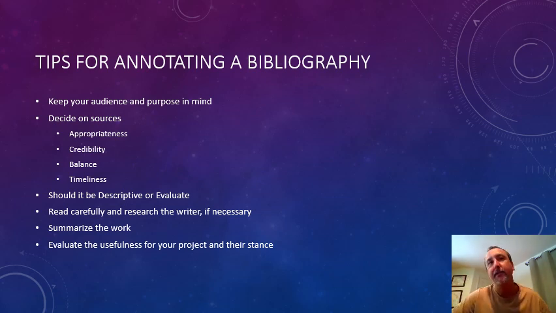So in that situation, you could use an annotated bibliography to figure out what your sources are going to be early in the semester or early before the paper is due. So if you're doing it for yourself, an evaluative annotated bibliography is probably the best way for you to figure out what sources you want to use for that paper.